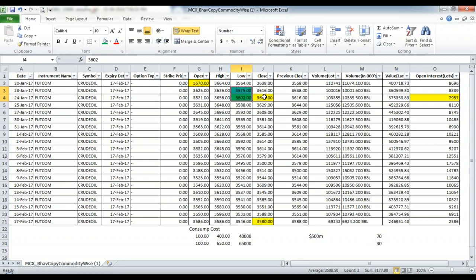Was this a breakout? Guys, are you able to understand? I'm sorry, I cannot show you this on the chart because historical charts are not available. We can only do it on the reports. Did it break out and close above this with a fall in open interest?